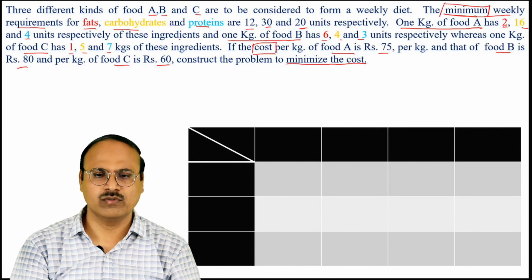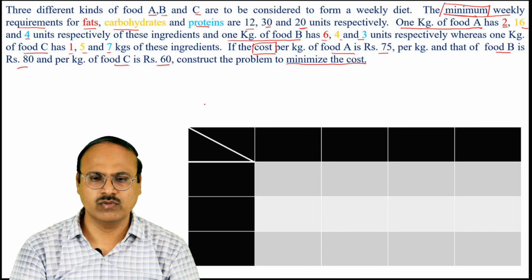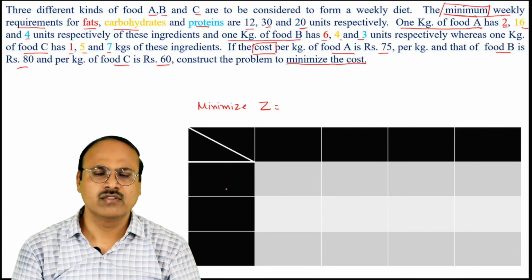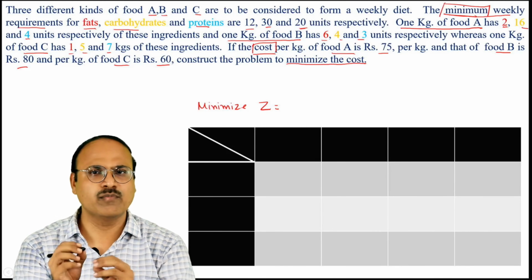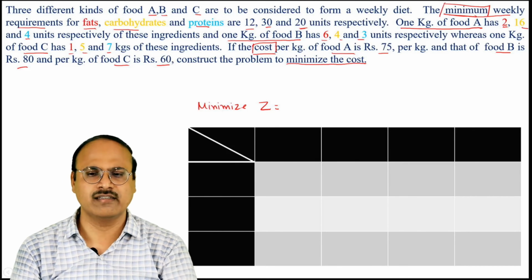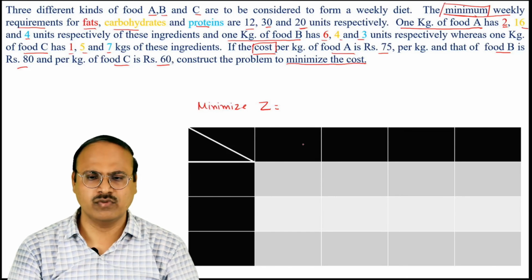Let us write down. So what is it that we want to do? We want to minimize, and let us write down Z as our cost function. So we want to minimize. Now we want to again put it into some kind of variables, right? So let us say X, Y, Z stands for food A. How many kgs of food A?